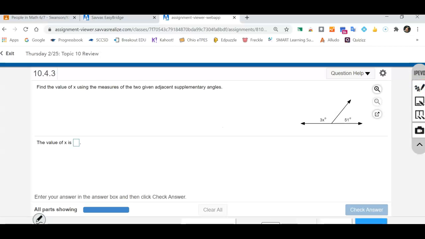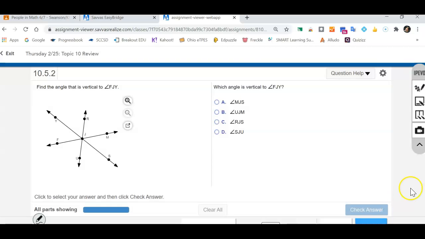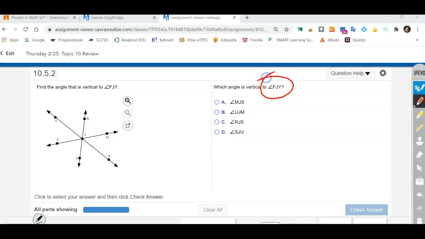I'm going to get into some tricky ones here. All right, vertical angles. Remember what vertical angles are? FJY. So here's what I do for vertical angles. When I'm identifying, there's more things going on here than what I need. So what I'm going to do is take these lines and extend them. I'm going to take this line, extend it, take this line, extend it.